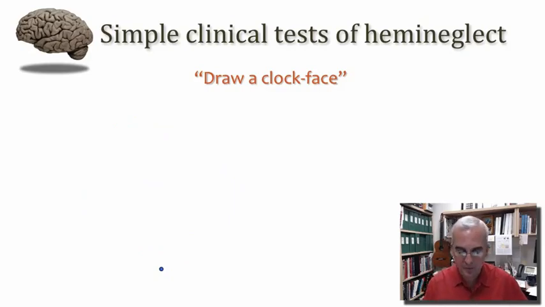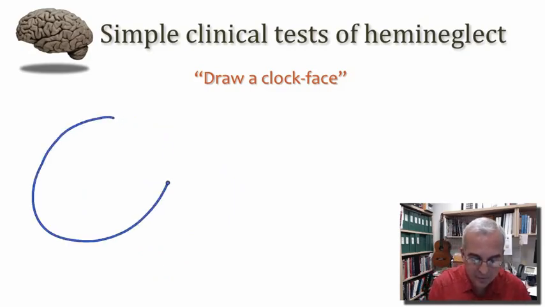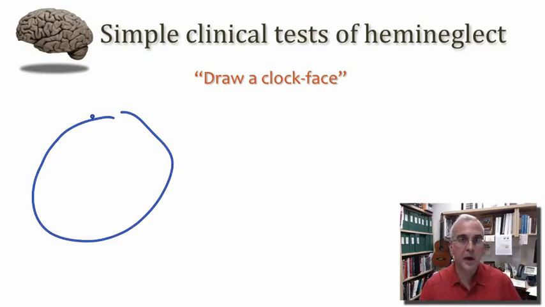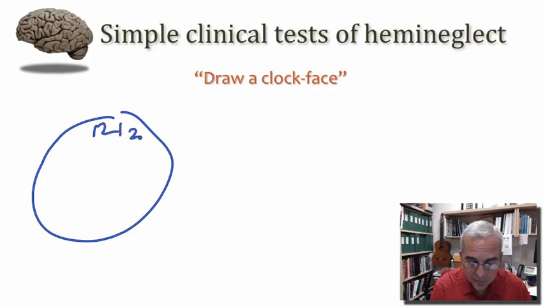One might know perfectly well that the clock face is round. There are numbers 1 through 12. So number 12 is on top. Now, what the patient very well might do is to place all of the numbers from 1 to 12 on the right-hand side of the clock face.